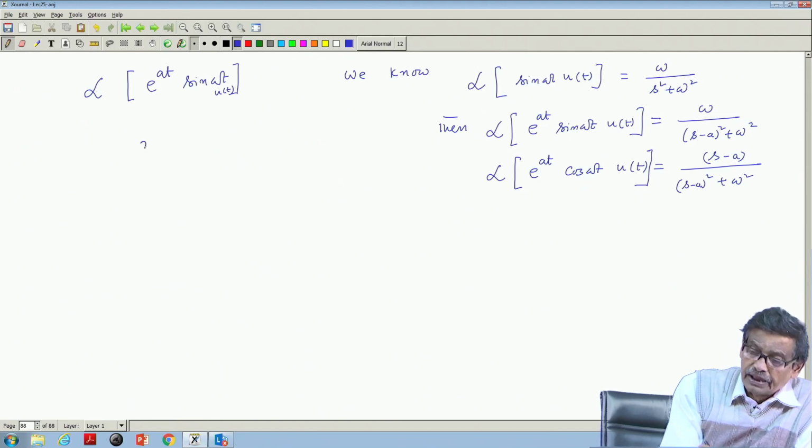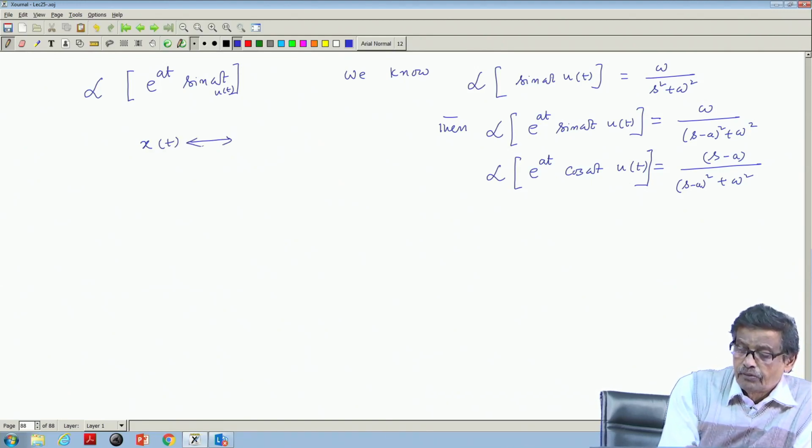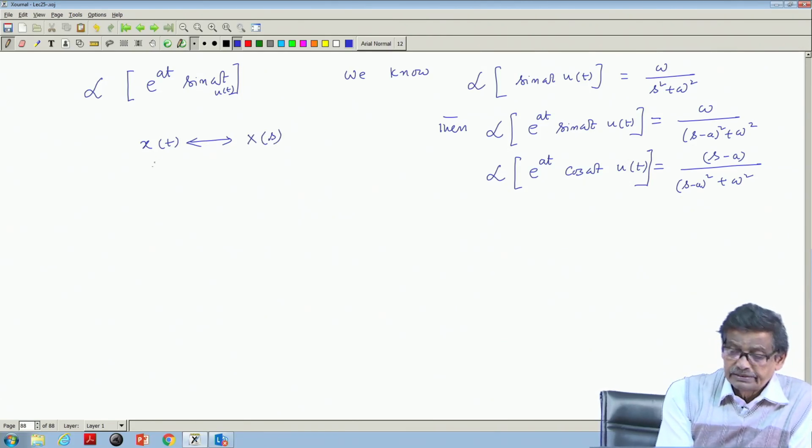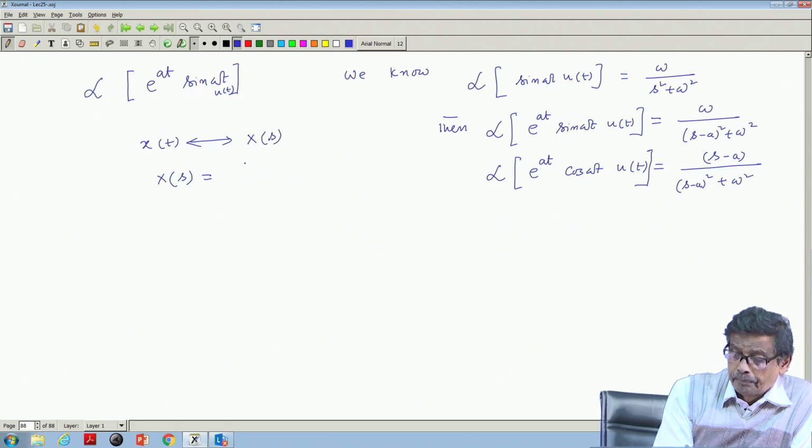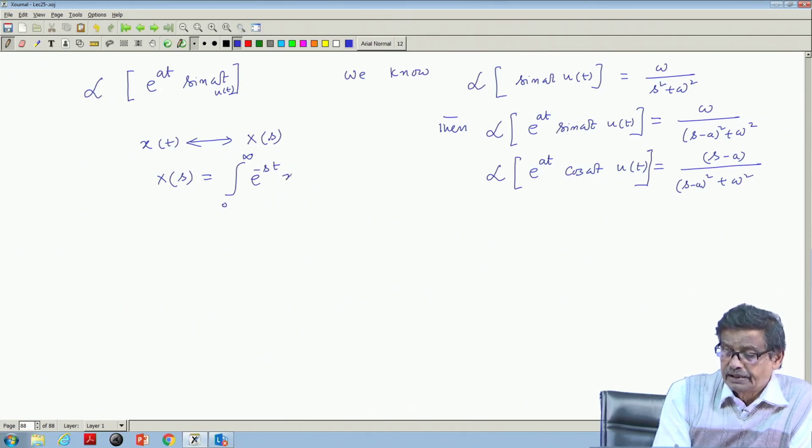So, mind you, x t and X s form a pair. If you know x t, then X s, as we have written several times, is equal to the integral from 0 to infinity, for one sided Laplace transform, of e to the power minus s t into x t d t.